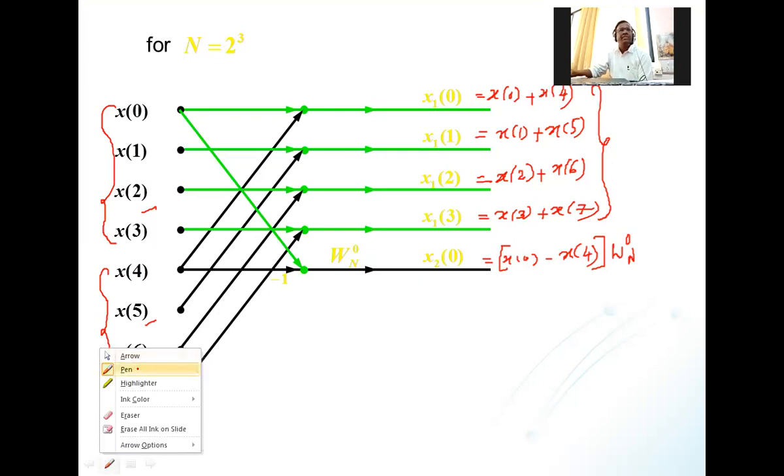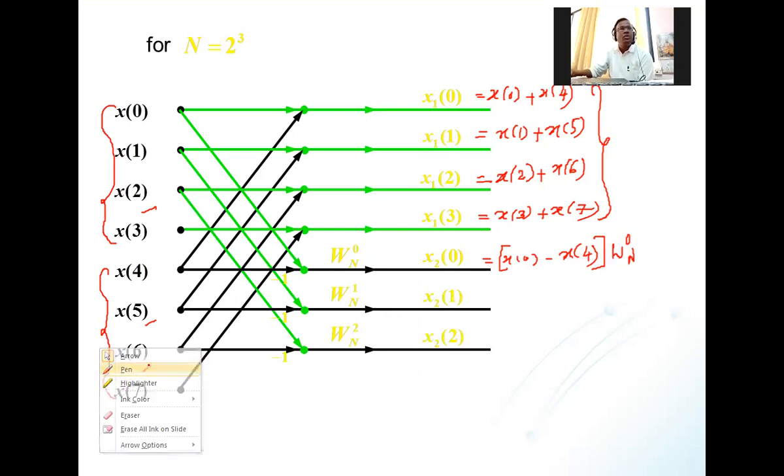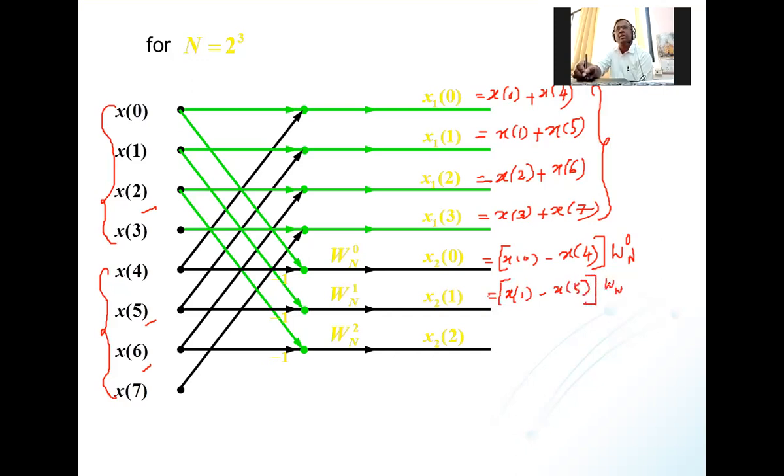Let us understand the next part, how to get the next value. x2 of 1 equals x of 1 minus x of 5, multiplied with wn to the power 1, as the multiplier is there.